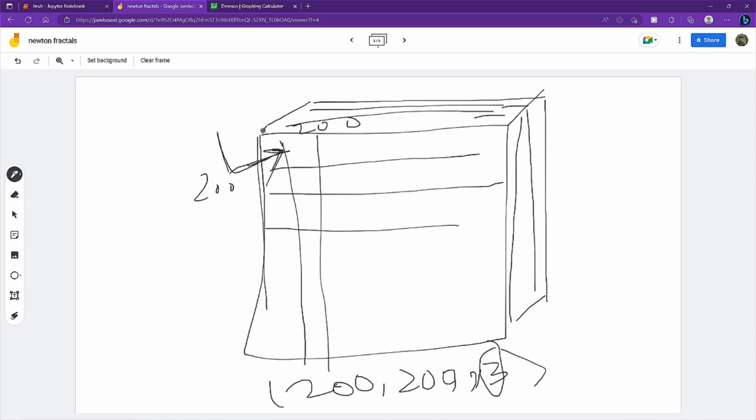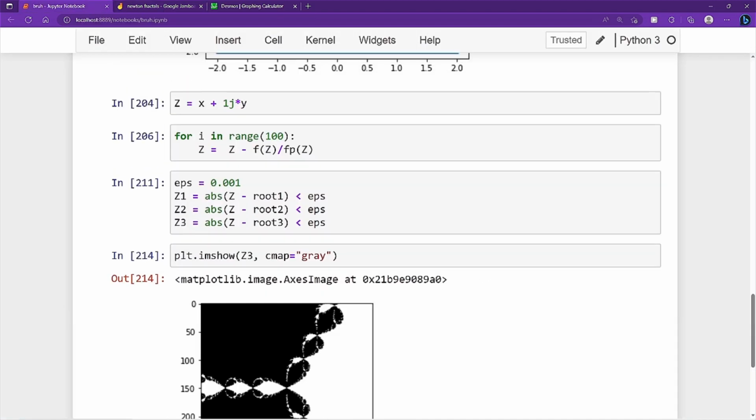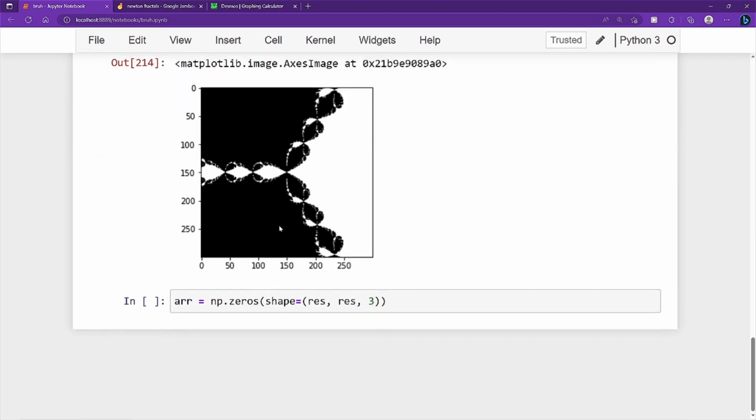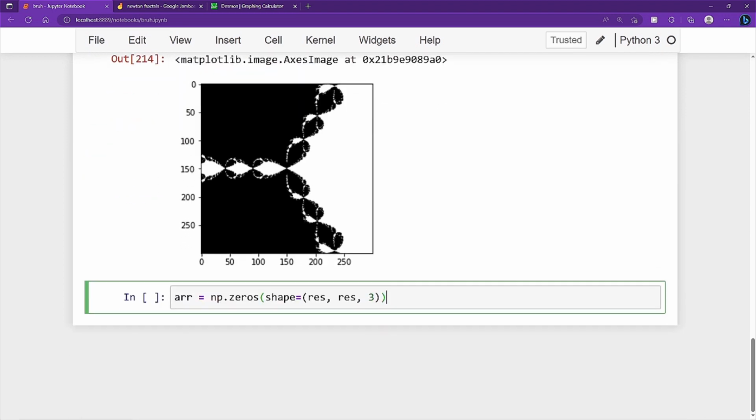So just like we have this 200 by 200 array, we also have another 200 by 200 array, right? And that array is a truth array. This one, Z1, Z2, and Z3. And Z1 is going to tell me which points actually converged to root 1, and they will be true. Z2 is going to tell me which points actually converged to root 2, and those values will be true. So we're going to use that now.